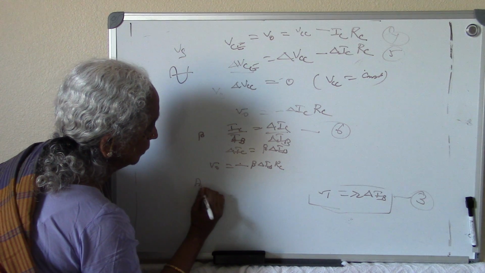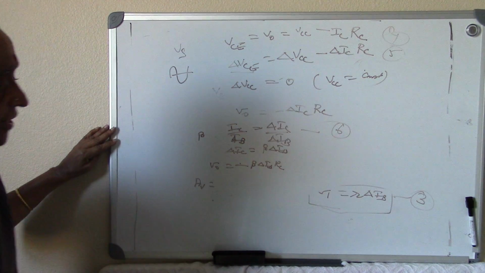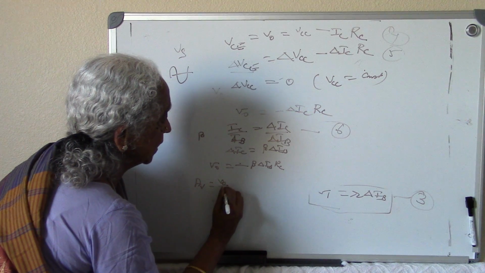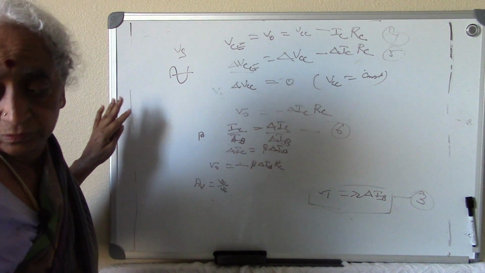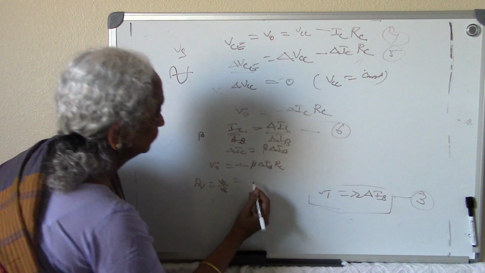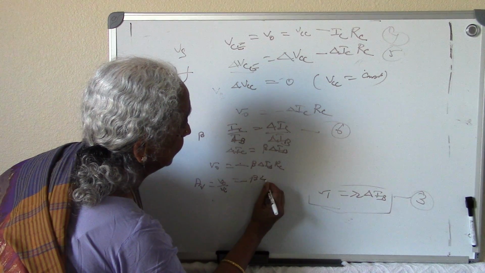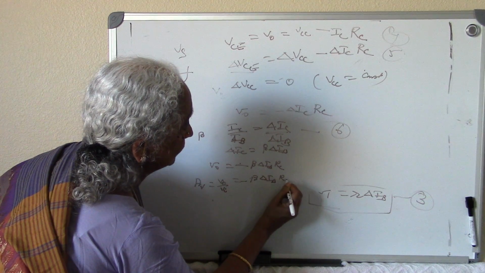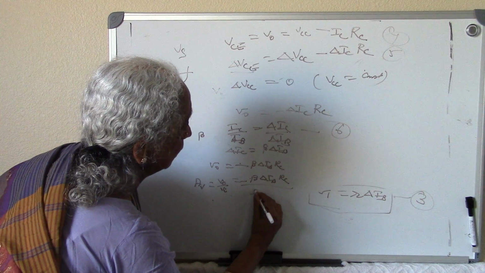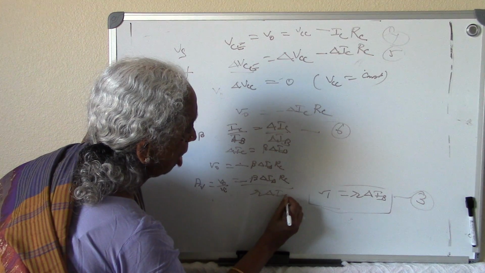So, voltage amplification factor AV equal to VO by VI equal to minus beta delta IB times RC by VI, which is R times delta IB.